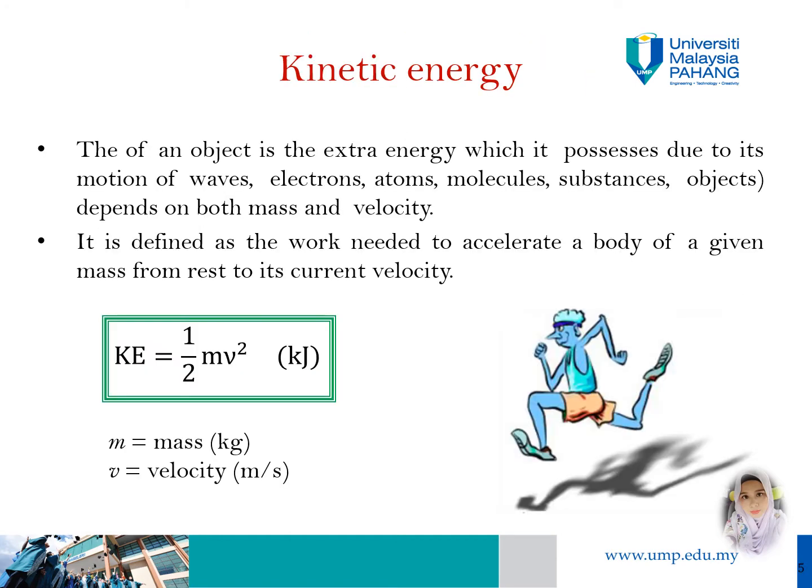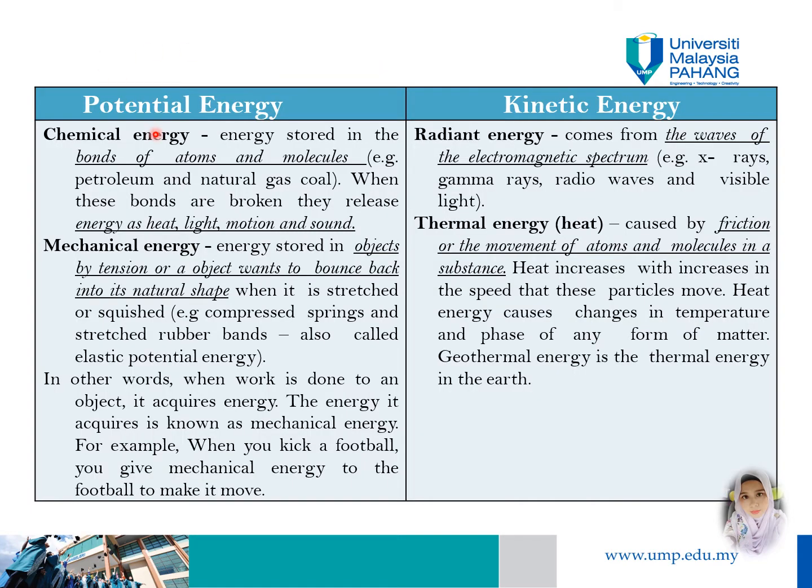Kinetic energy is the energy possessed by an object in motion, which depends on both mass and velocity. Kinetic energy is directly proportional to the mass of the object and the square of its velocity, and it is usually measured in joules or kilojoules. The table demonstrates potential and kinetic energy.